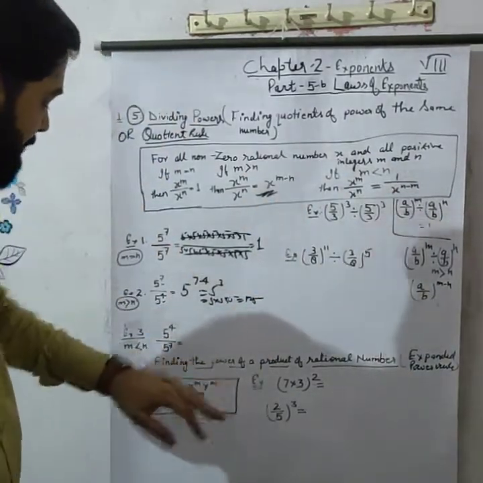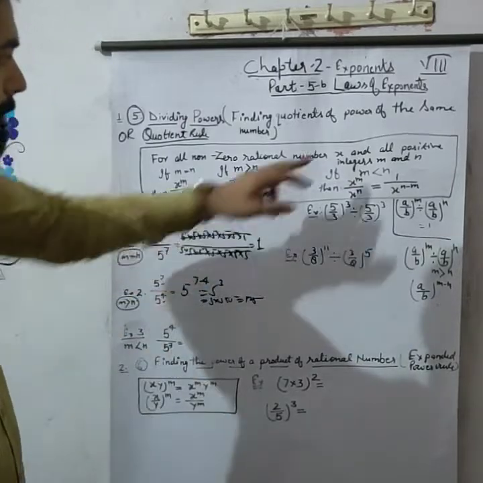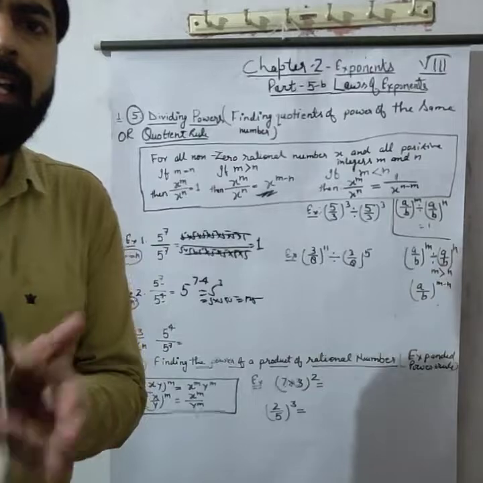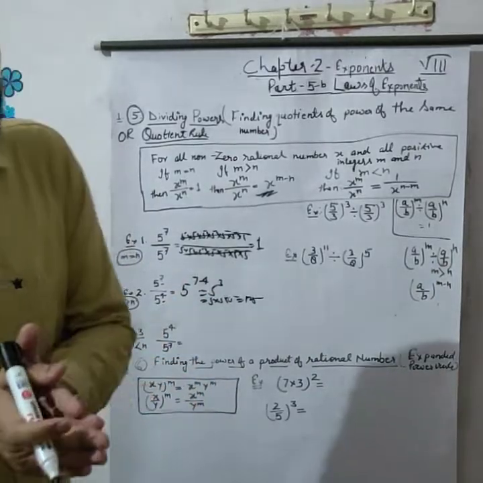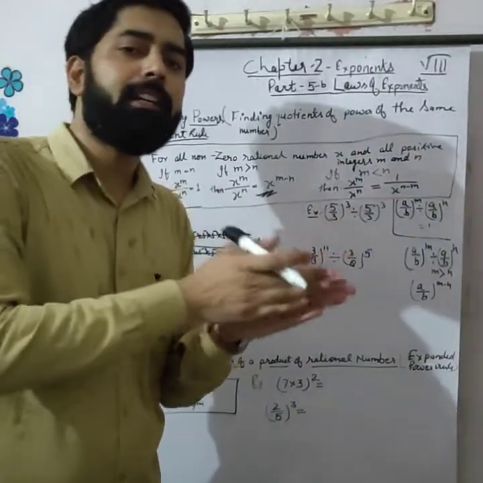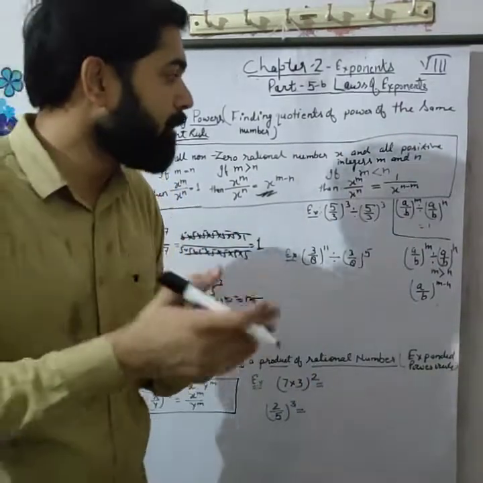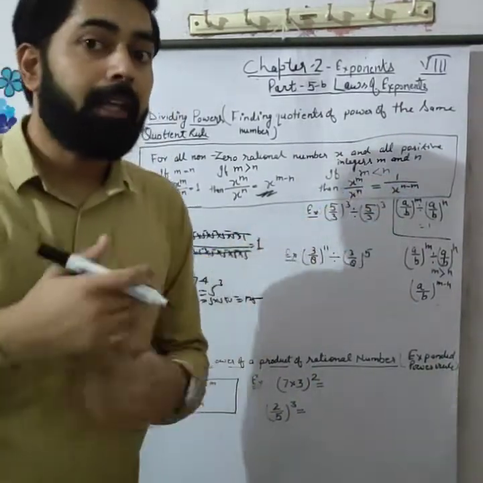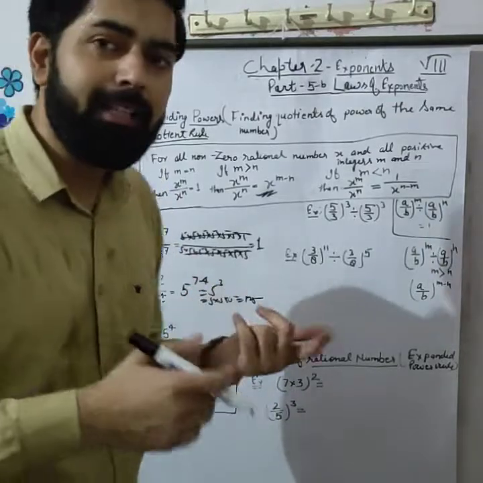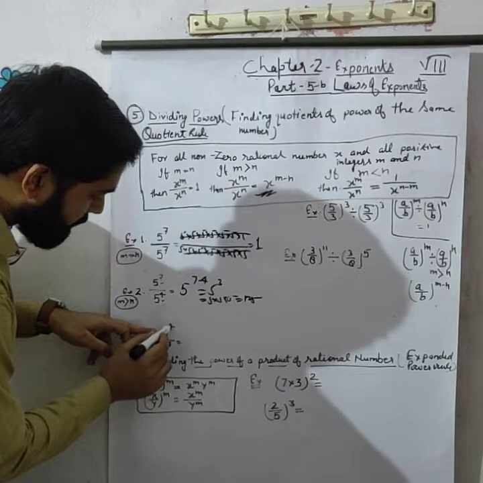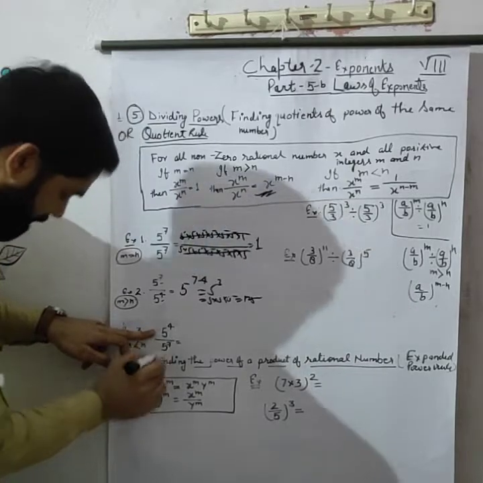Now the third and last condition. What is the last condition? If m is less than n, means n is greater than m, means the denominator power is greater than the numerator power. So what is the value? The value will be 1 upon x raised to the power n minus m. Look here, in this example 5 raised to the power 4 and 5 raised to the power 7.